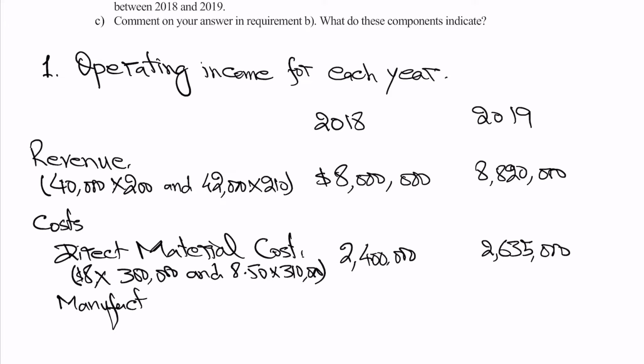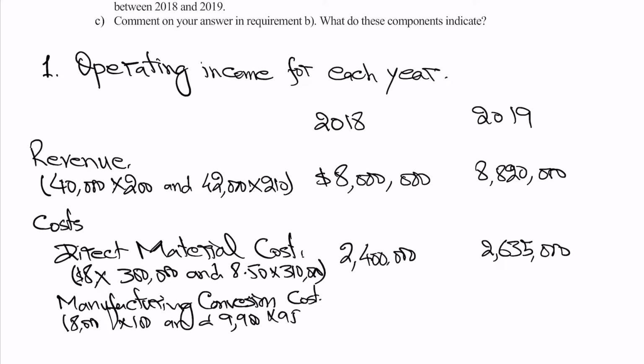Manufacturing conversion cost. Conversion cost is the labor plus manufacturing overhead. So it's 8,000 into 100 and 9,900 into 95.